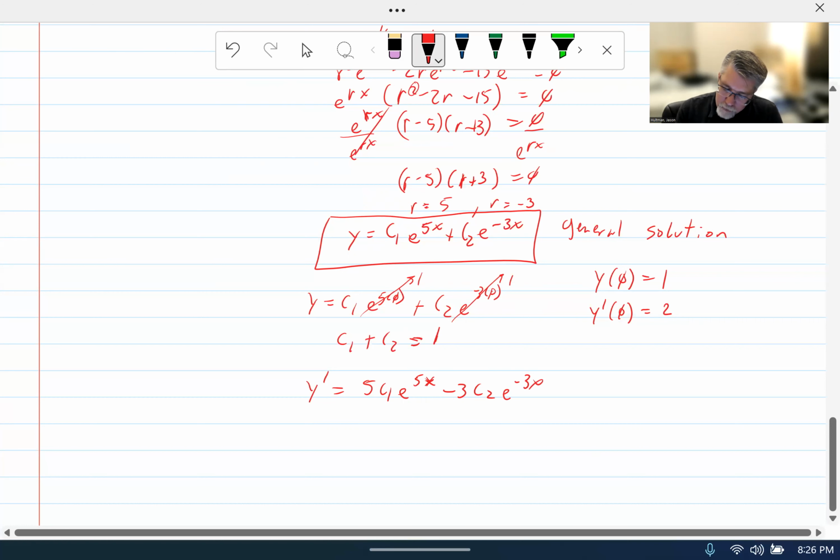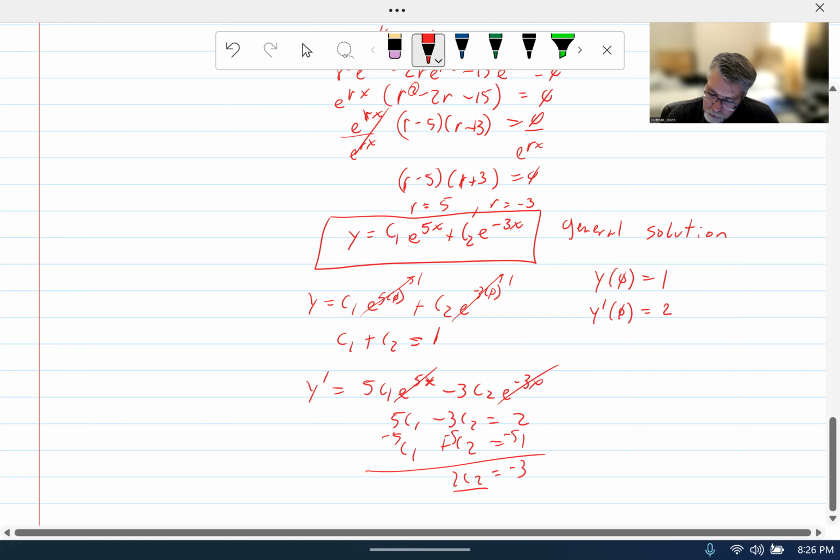And so if I plug in zeros, the exponentials go away, and that would be equal to 2. So we get 5c1 minus 3c2 is equal to 2, evaluating at 0. And so I could use this system of equations. c1 plus c2 is equal to 1. I could multiply through by, say, negative 5, and I would end up with 2c2 is equal to negative 3.